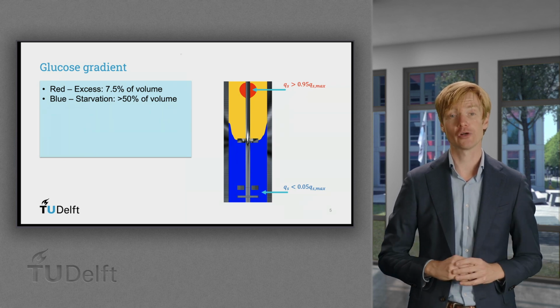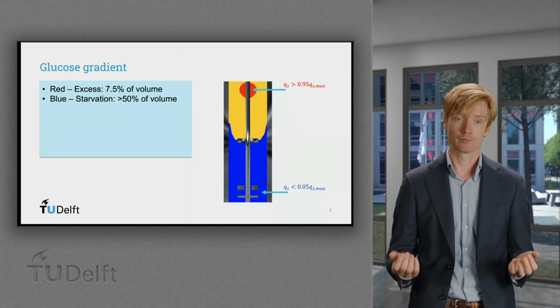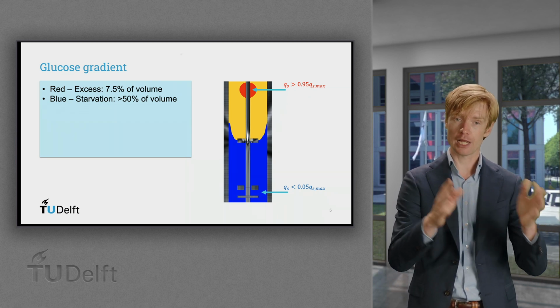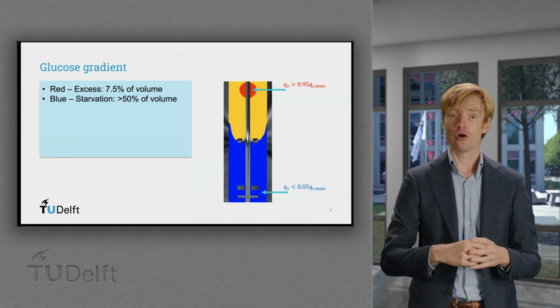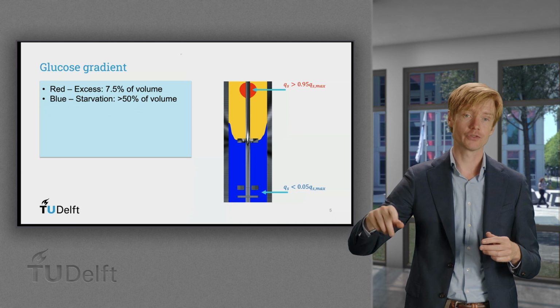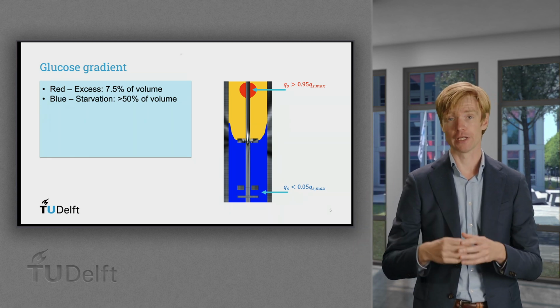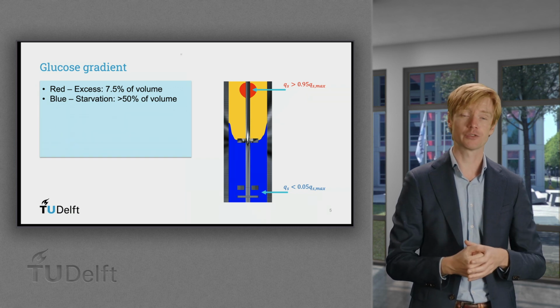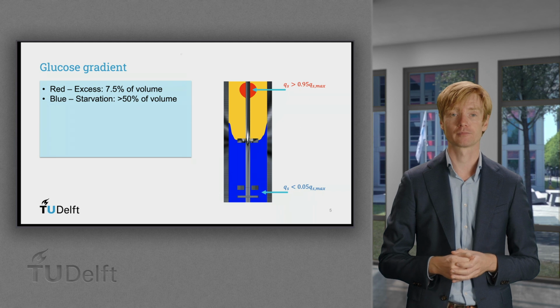Now, if you were to scale this process down, you could attempt to mimic these fractions, either by coupling several lab-scale reactors to each other, each mimicking a zone, or by fluctuating the feed of a single lab bioreactor, such that cells are on average in excess conditions for 7.5% of the time and starvation conditions for 50% of the time.